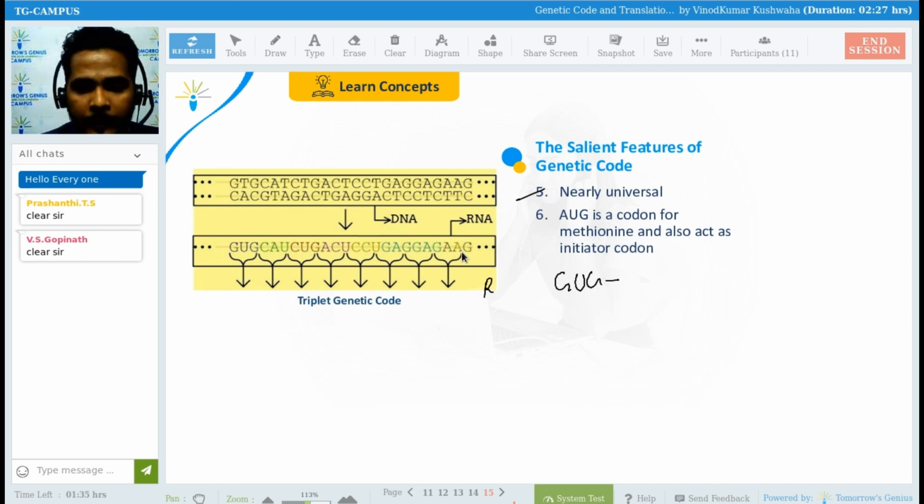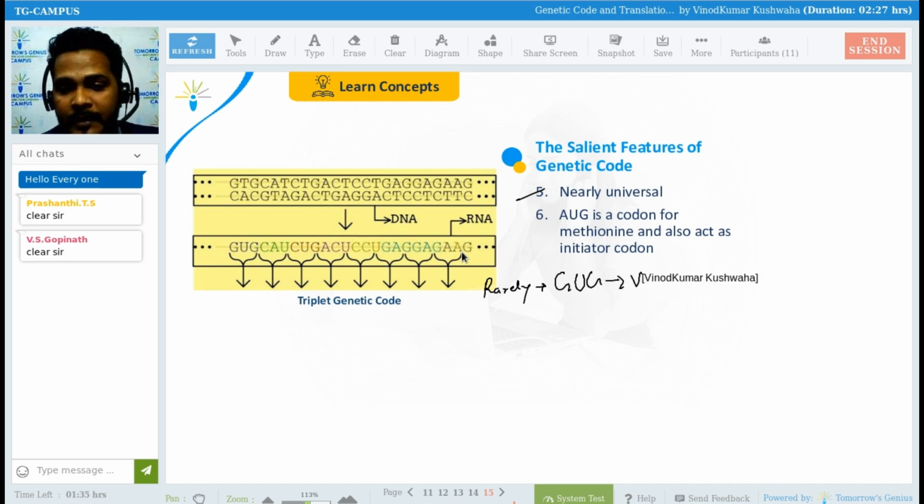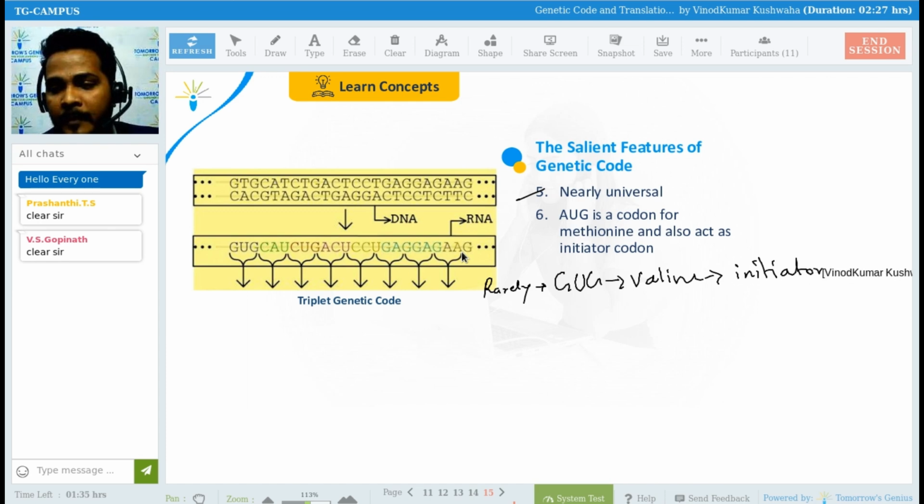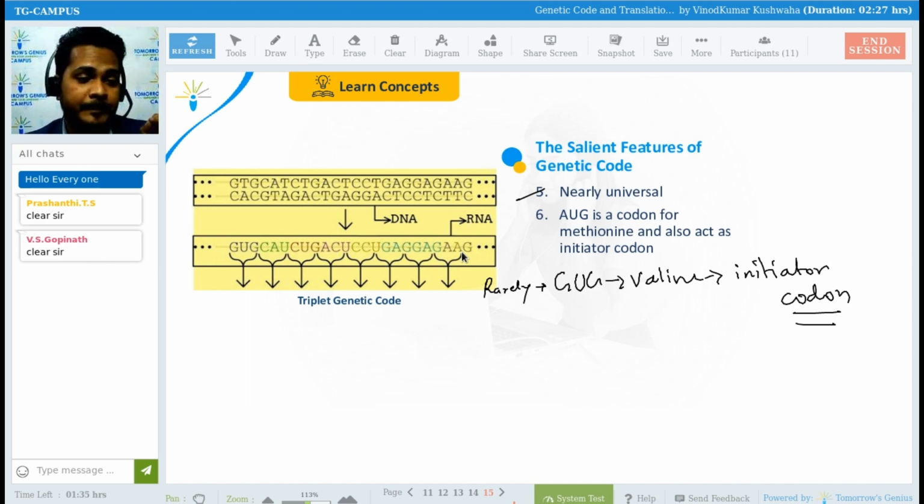Rarely, GUG, a valine code, acts as an initiator codon. Not always, rarely I'm saying. So this is also something you have to remember. This is also important.